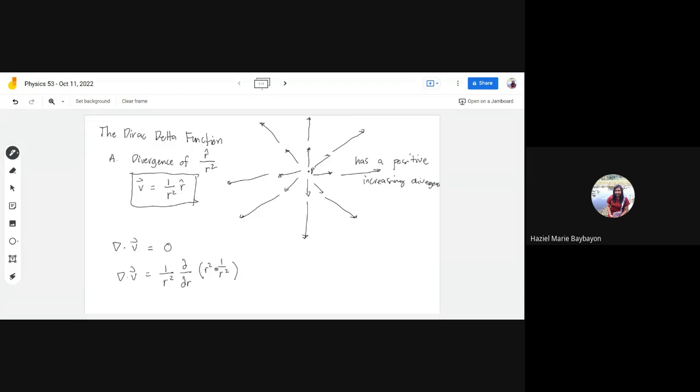Here we will get a constant, r squared over r squared is just equal to 1, so the derivative of that is equal to 0. So this is the evidence that the divergence of this vector function is equal to 0. Again, there is a discrepancy between these two.